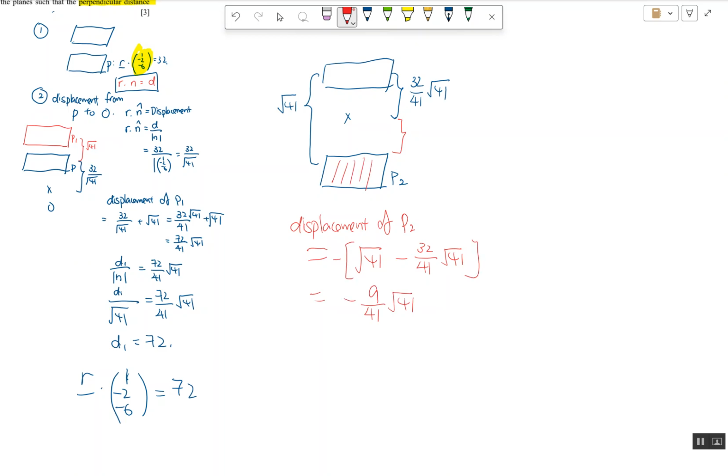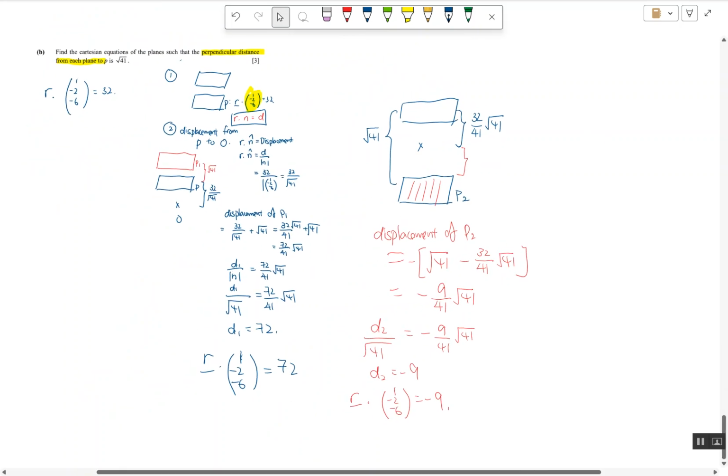Using the same method, d2 over square root 41, which is the magnitude of n, equals negative 9 over 41 square root 41. Cross multiply, d2 equals negative 9. So the second plane is r dot (1, -2, -6) equals -9.